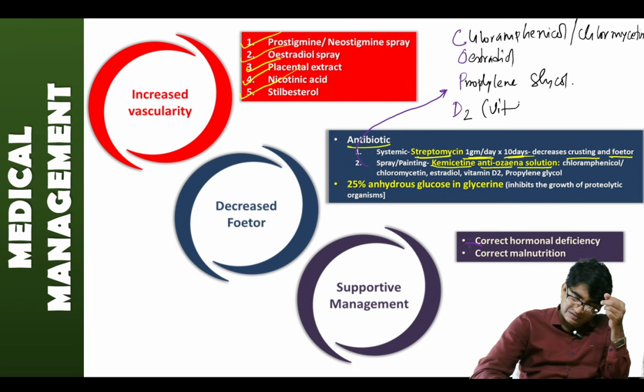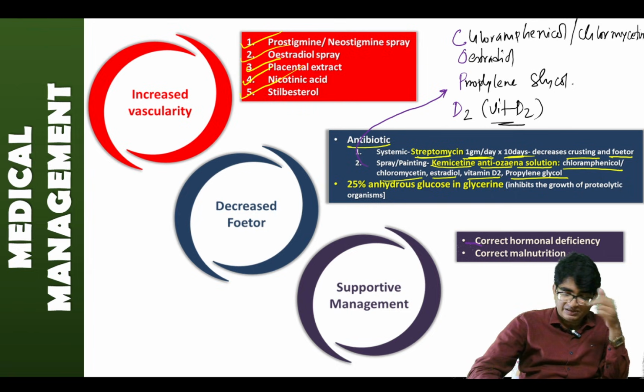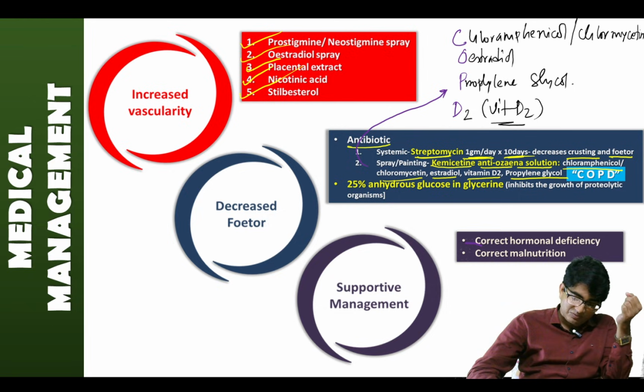You have to remember this is vitamin D2, correct? So yes, the chloramphenicol, chloromycetin, estradiol, vitamin D2, propylene glycol, these are the contents. So that is about the COPD. You have to remember it in chemicetin antiozaena solution.